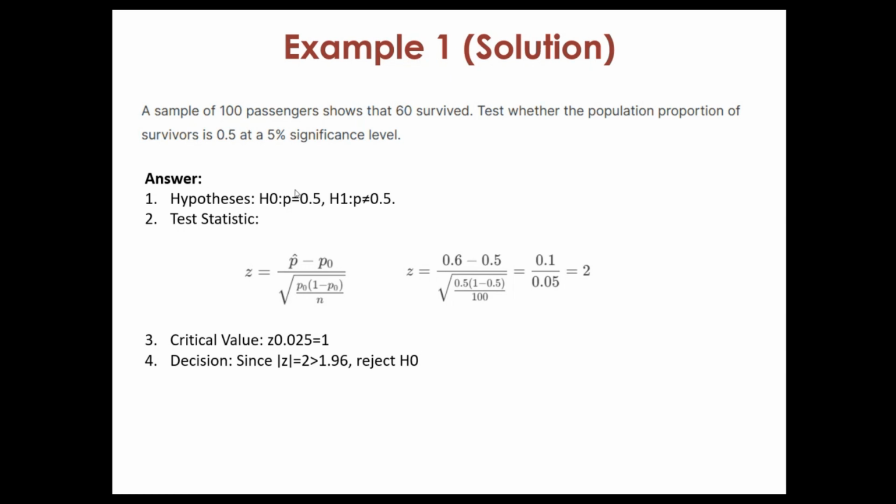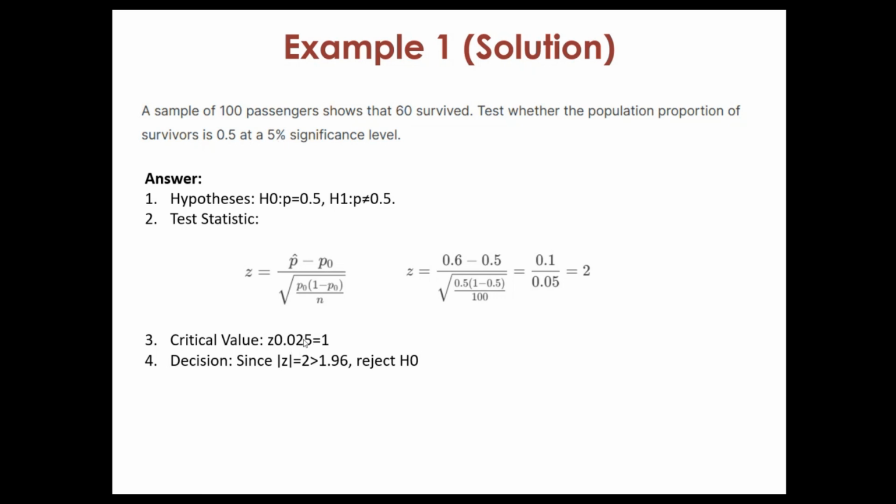then we'll be taking two-tail hypothesis. So instead of taking 0.05 significance level, when it's two-tailed, we will divide the 5% by 2. We get 0.025.